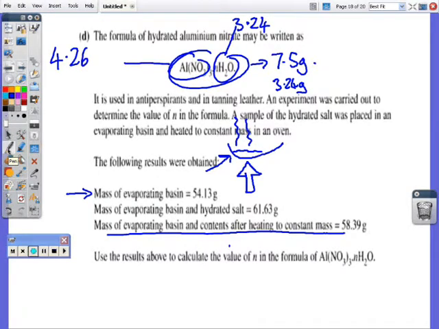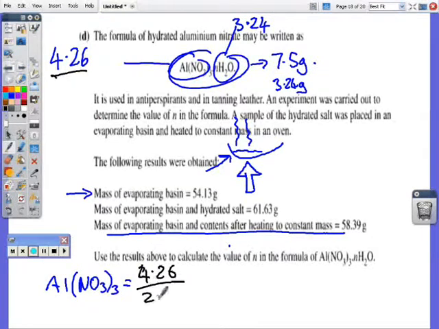Right, so aluminium nitrate, if we work down here, has a formula like so. So we have 27 plus 14 times 3 plus 16 times 9, that is 213, and we had 4.26 grams of it. So 4.26 over 213 is a nice round number, so I'm confident that I'm going along the right route.